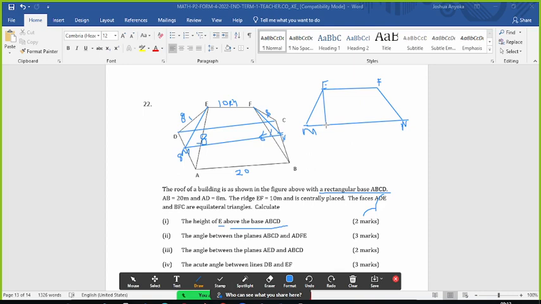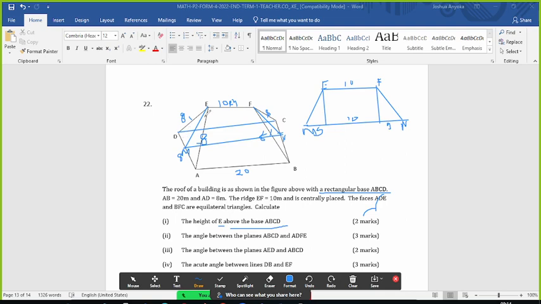So if we drop this one and drop this one, remember EF was centrally placed, and the whole of this one is 20, so this is 10. What we drop down here will be 10. What we get here should be 5, and then 5.